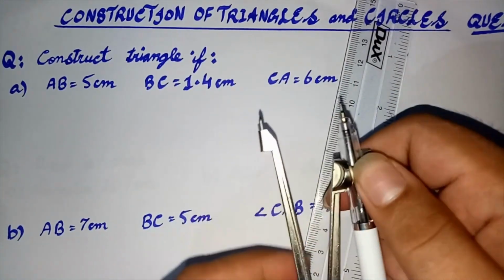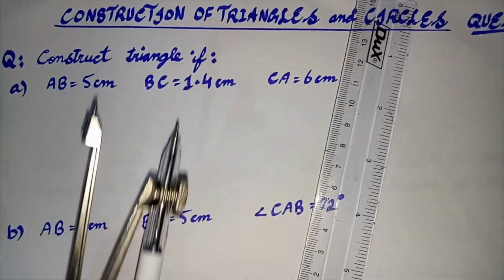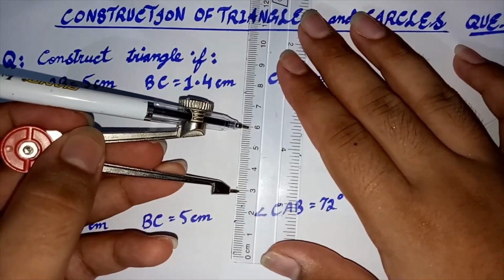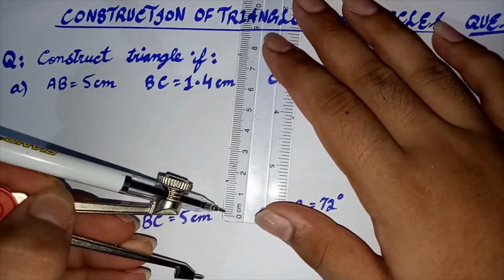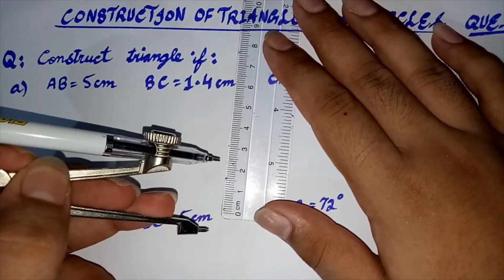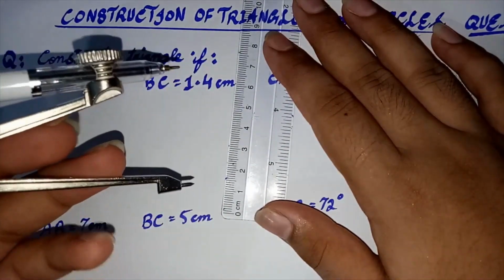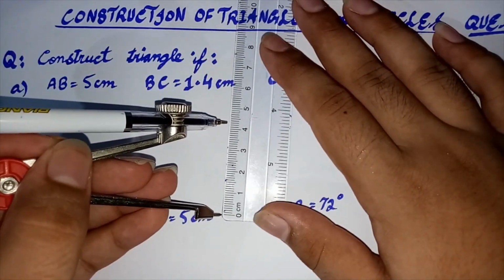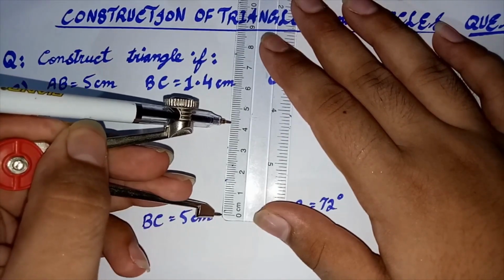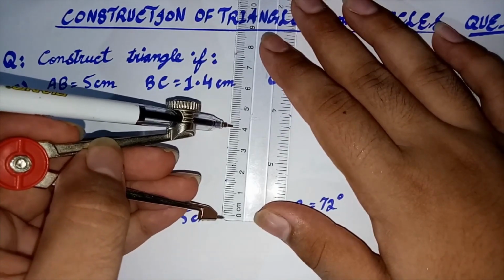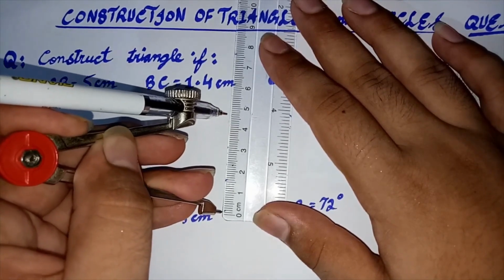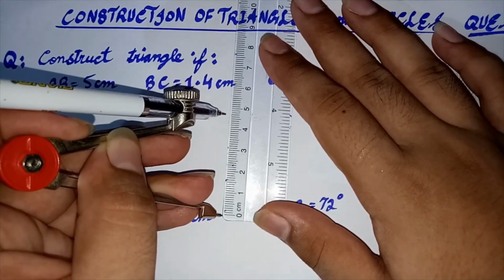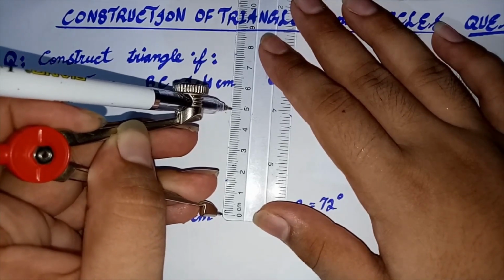With the help of this pair of compasses, we will measure the length just like that. Let's say we have to measure a length of 5 centimeters. We will put this side here at 0, and open the other side of the compasses up to 5 centimeters, which is this one.